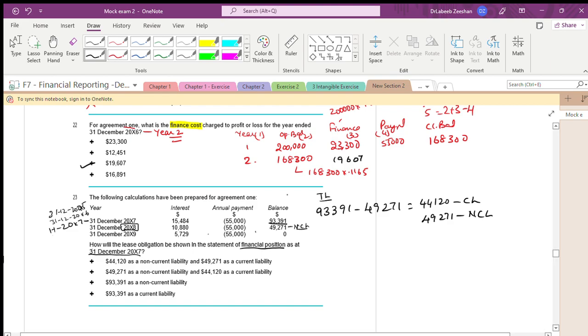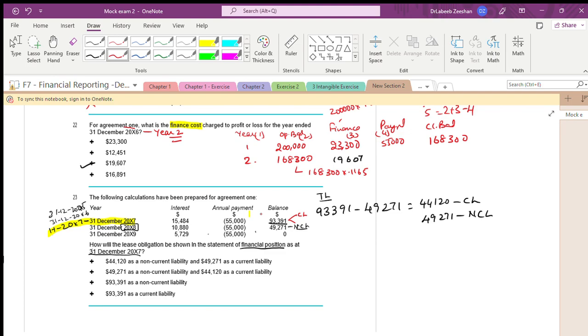See, the dates are very important. From where are we starting? We are starting from 31st December, at the end of the year. They have given us the total balance. Now they want us to segregate between current liabilities and non-current liabilities.